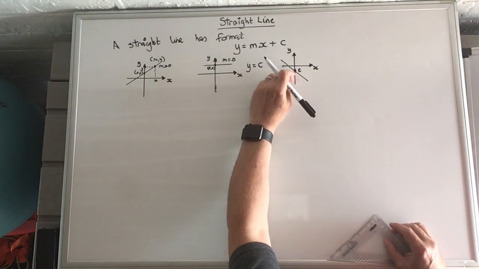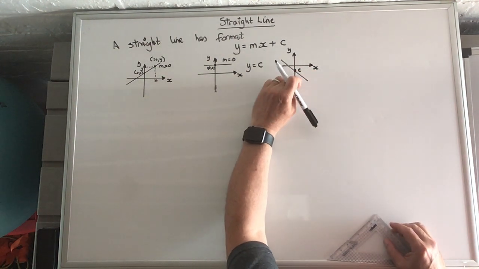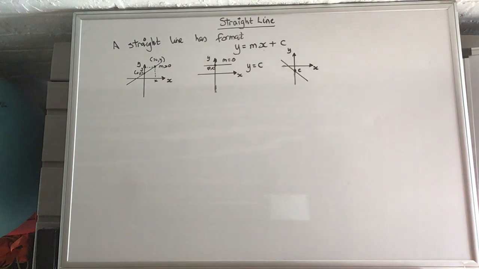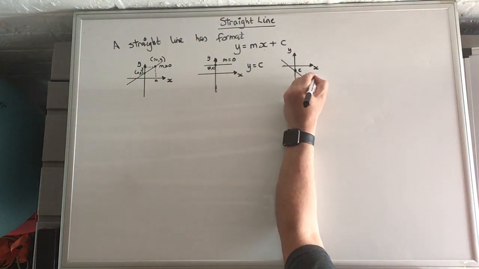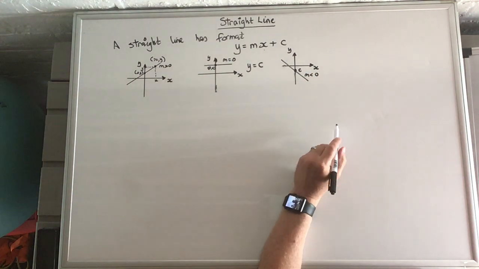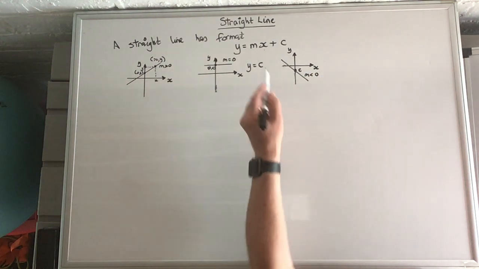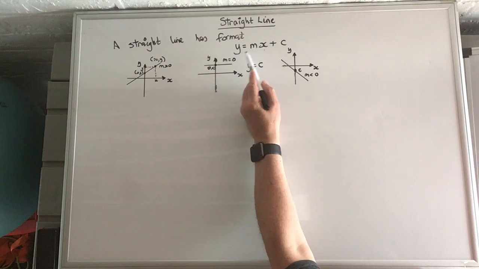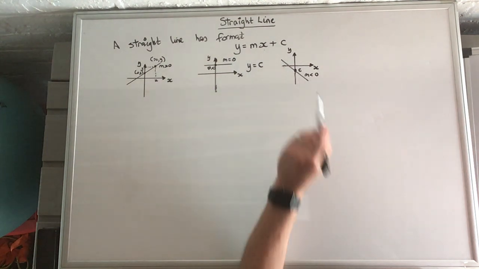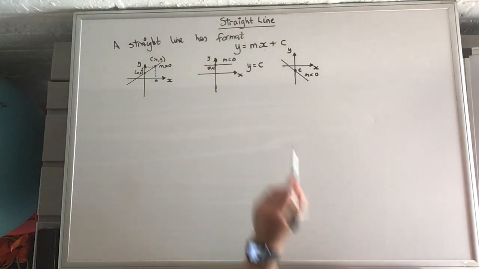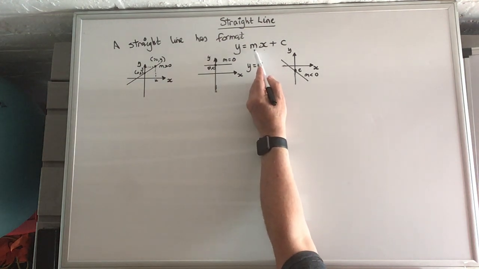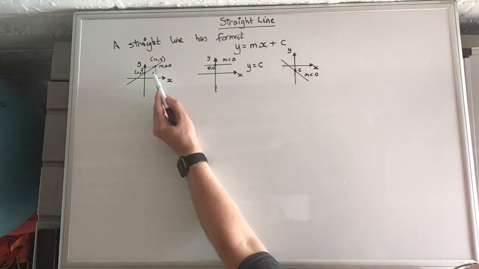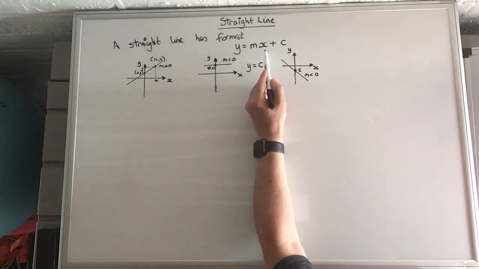In this case, from your knowledge of gradient, the gradient this time is less than 0. But again, because it's a straight line, it has the format y equals mx plus c. Just because of the direction of the line, going down the way, this value m is negative, whereas it's positive in the first one.